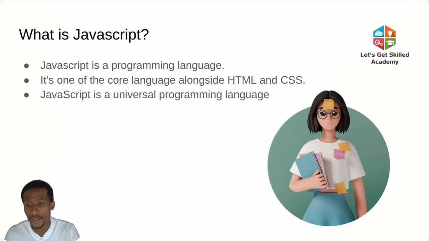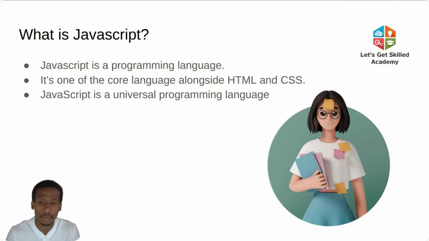So yeah, guys, the first question is, what is JavaScript? Now, JavaScript is a programming language, and it is one of the core languages alongside HTML and CSS, which are the core languages for our web pages. JavaScript is a universal programming language, meaning it's everywhere.